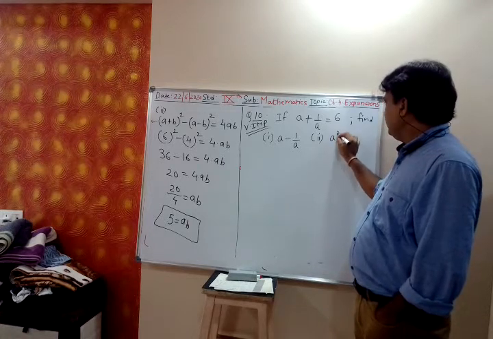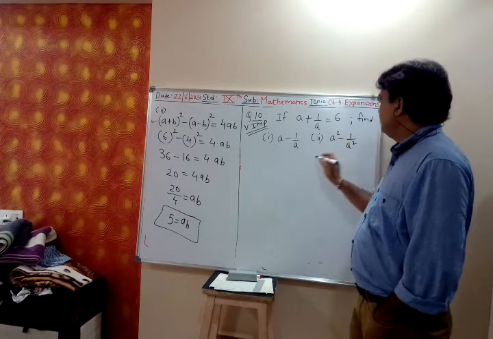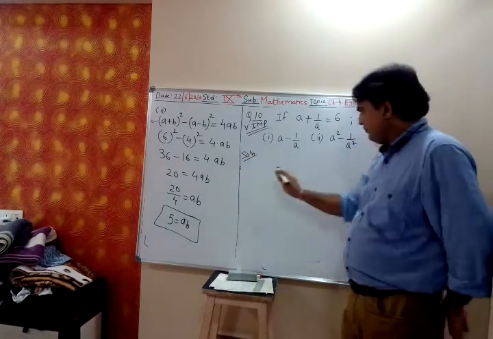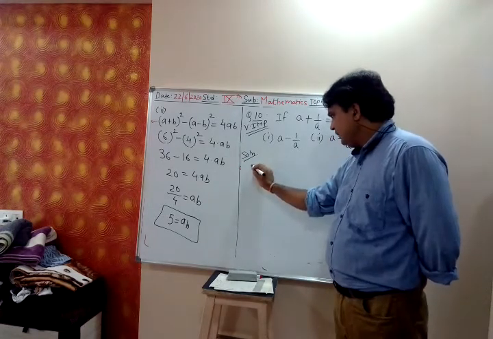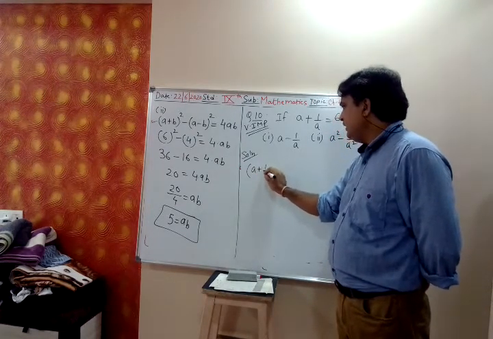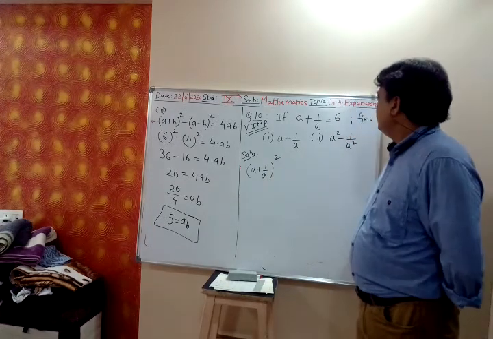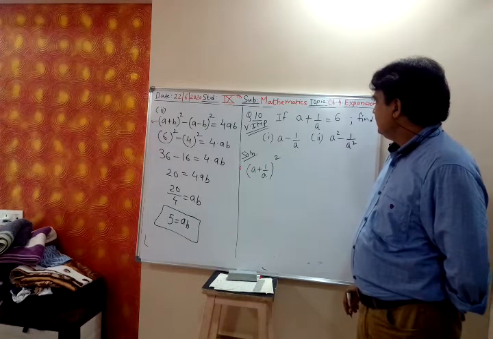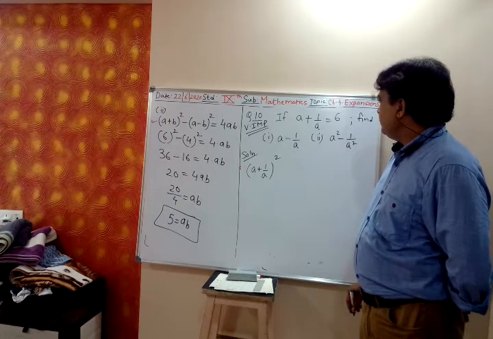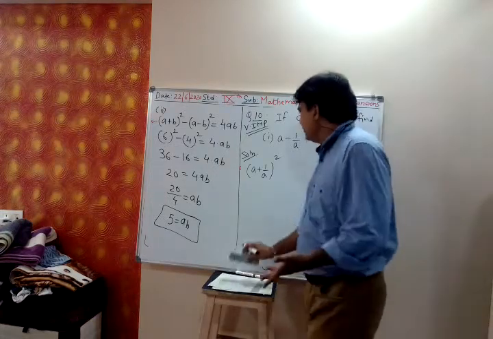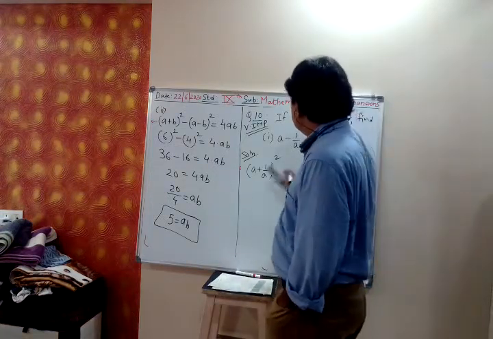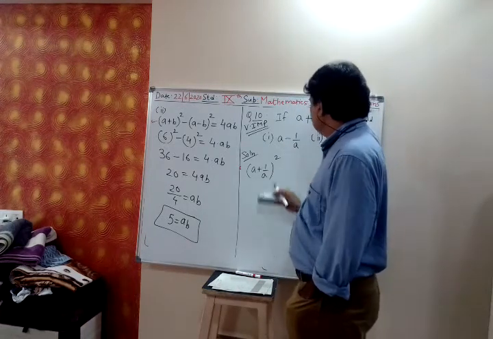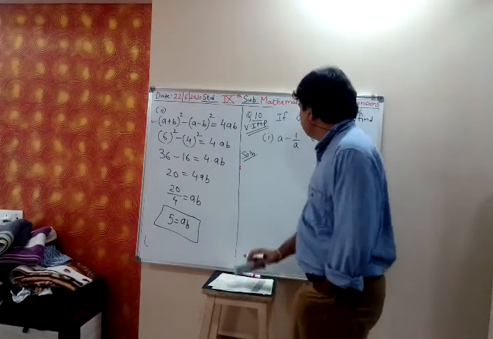Now I will use the formula for a. You see, we write a plus 1 upon a whole square, or this formula you can use. a plus 1 upon a is given, and a minus 1 upon a you have to find.